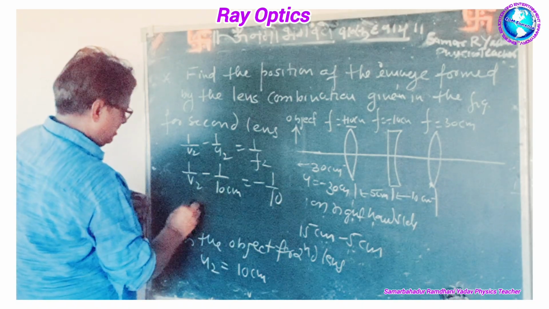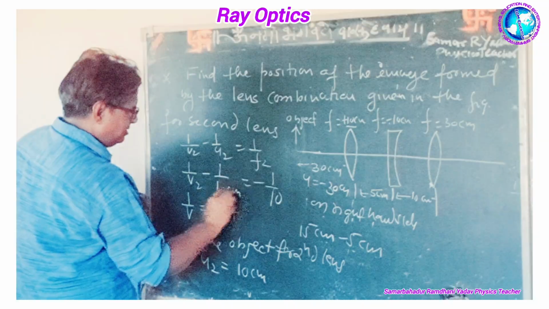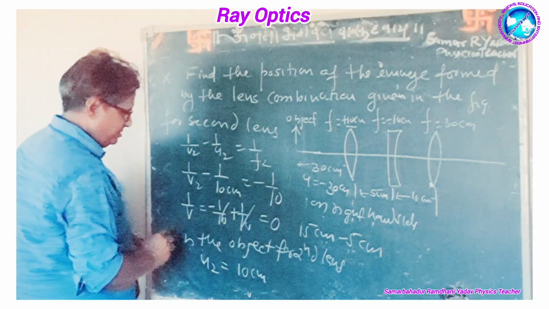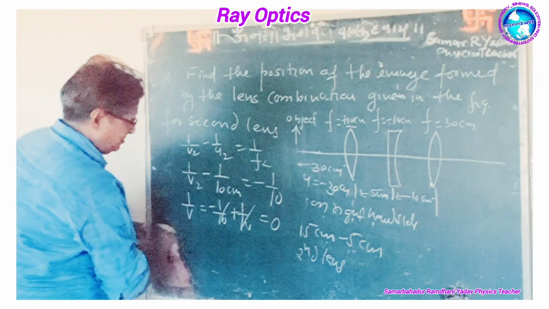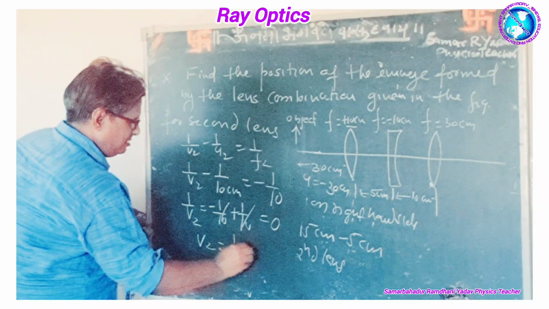Now you can write here 1 upon v2 is equal to minus 1 upon 10 plus 1 upon 10, which cancel, is equal to 0. Therefore v2 is equal to 1 upon 0, which is infinity.